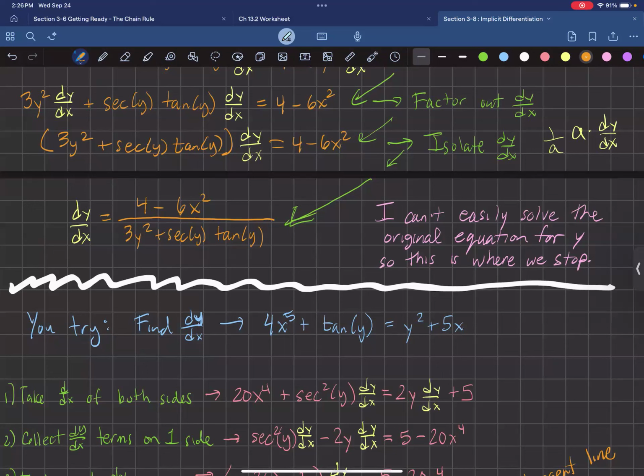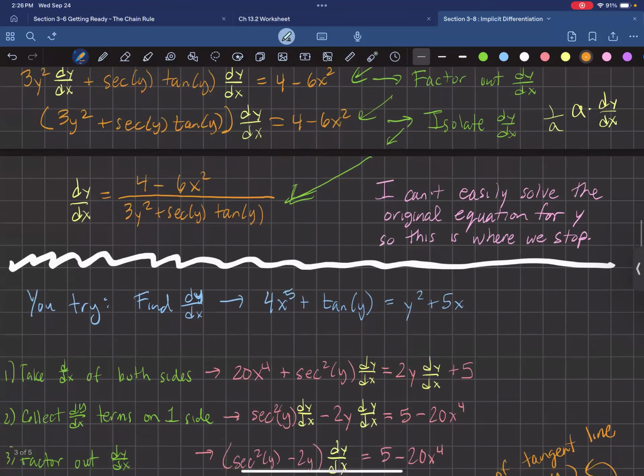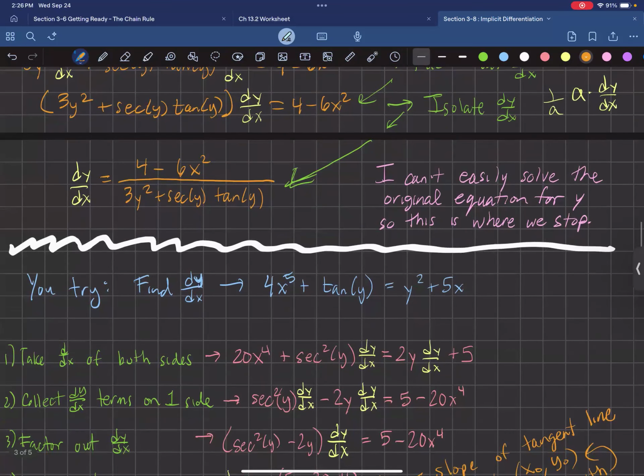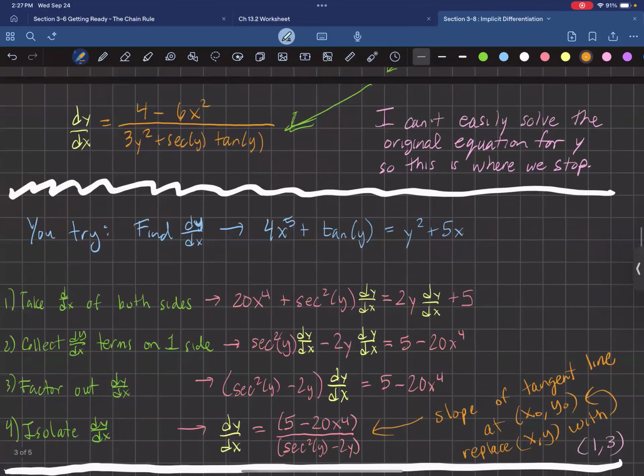I've got secant squared y dy dx minus 2y dy dx equals 5 minus 20x to the 4th. Then I'm going to factor out my dy dx, secant squared y minus 2y dy dx. And then we divide by that coefficient. We get dy dx equals 5 minus 20x to the 4th, all over secant squared y minus 2y.